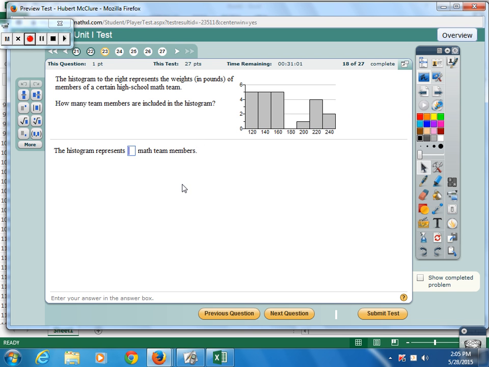How many math team members? How many people are on the math team? Well, 5, 10, 15. 15 plus 4 is 19. And 20, and then what? 22, 21, whatever I said, I can't remember. 15, 19, 20, 22.